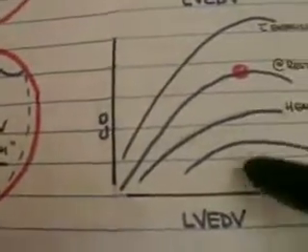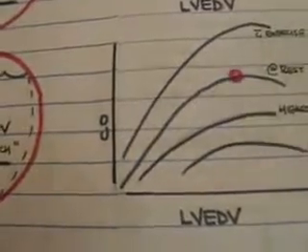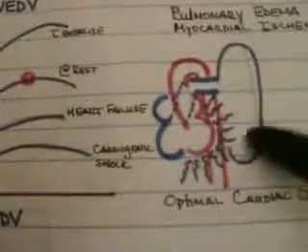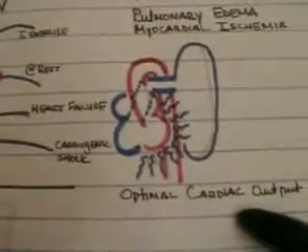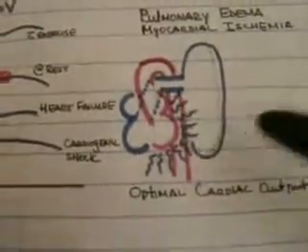And as we saw here, the patient's going to have an optimal cardiac output. With an adequately contractile left ventricle, you're going to have optimal cardiac output, and the heart's going to be able to perfuse all the vital organs adequately.